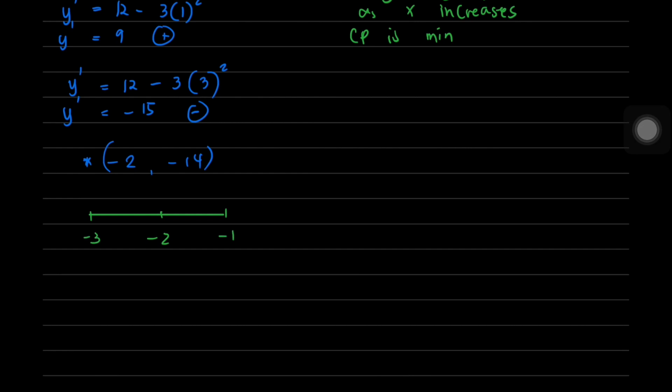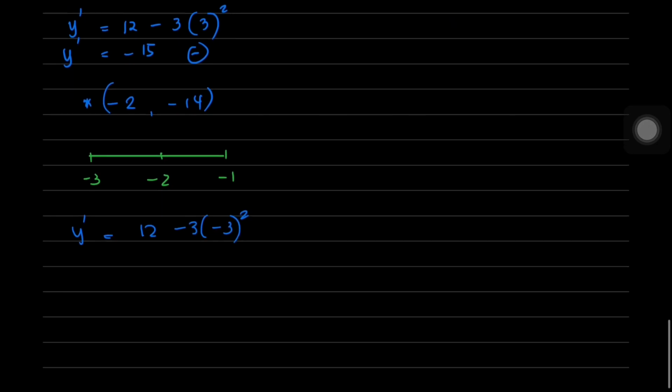Now, if we're going to perform the first derivative test, y prime is equal to 12 minus 3 multiplied by negative 3 squared. Negative 3 squared will give us positive 9, multiplied by negative 3 is negative 27, plus 12, so that will give us negative 15. So y prime, if x is negative 3, is negative.